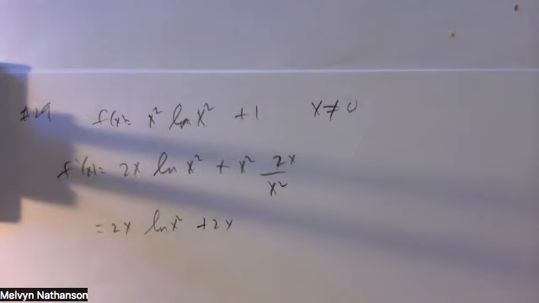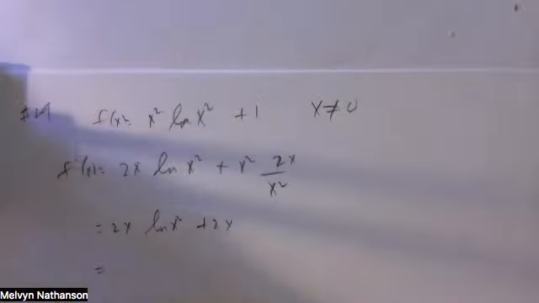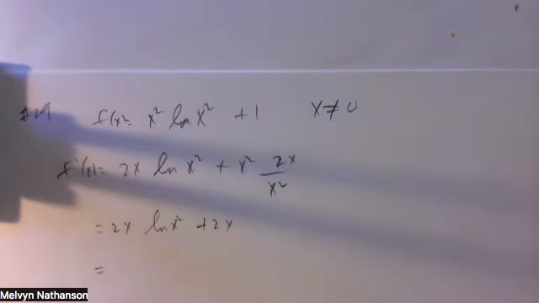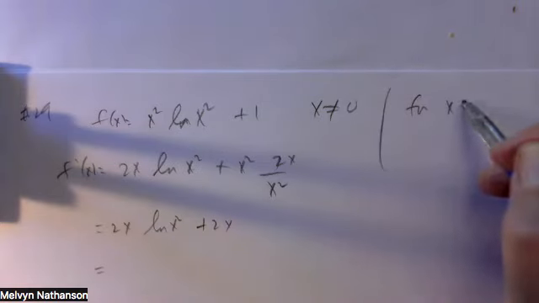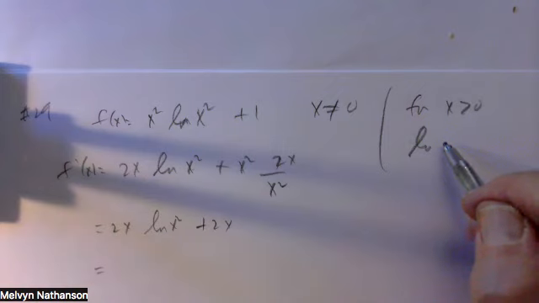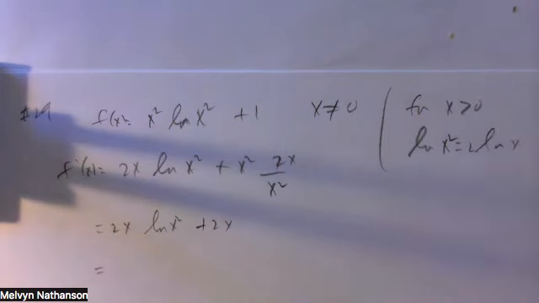When is that equal to 0? Let's actually look at this more carefully. Remember that for x greater than 0, the log of x squared is 2 log x. So let's first look at the case when x is greater than 0.